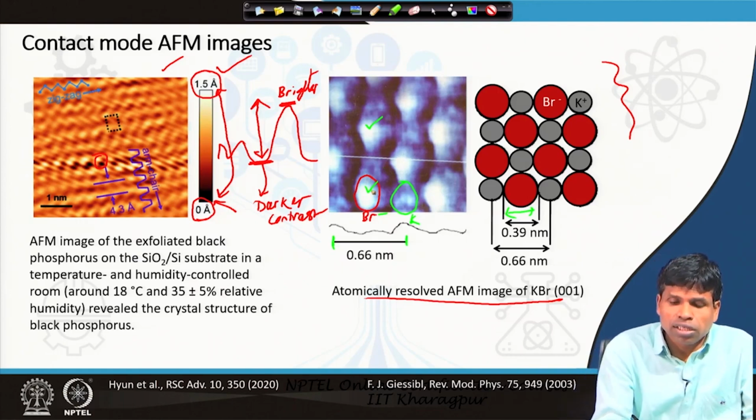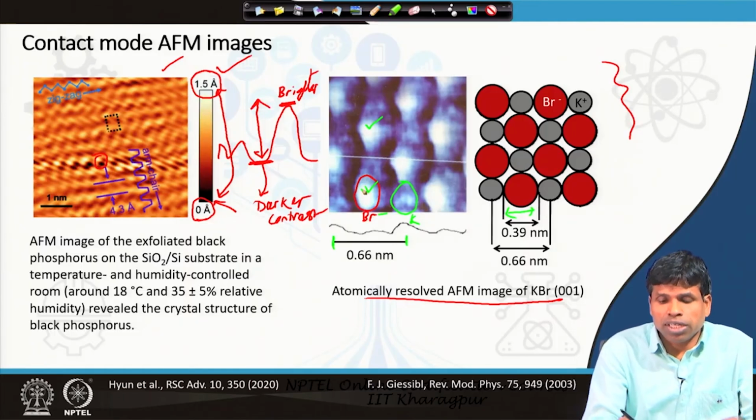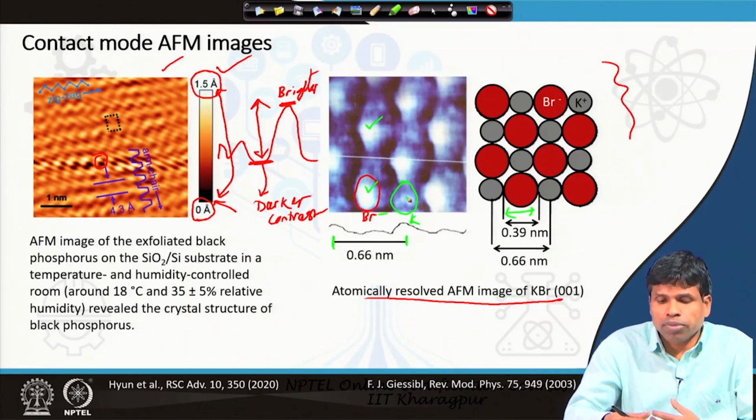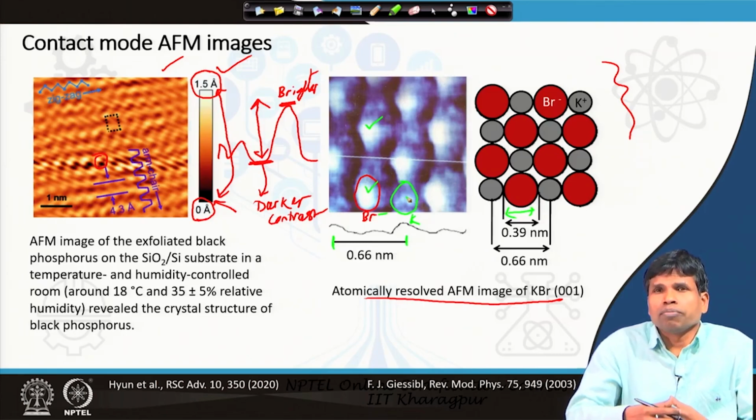force gradient. Therefore, it looks much brighter. In other places it is less bright because the electron clouds of the potassium atom and the tip atom do not overlap much.